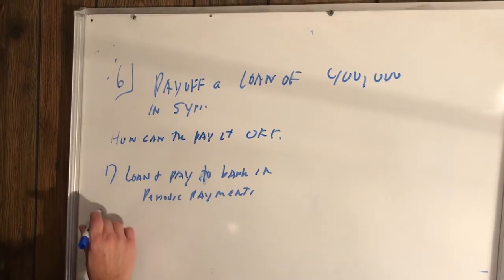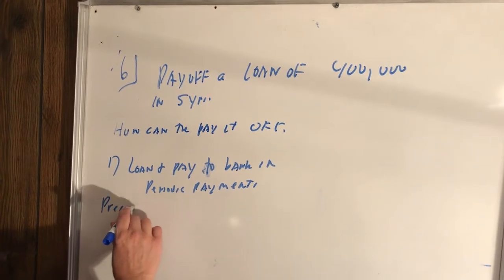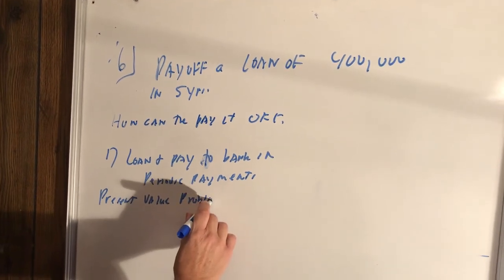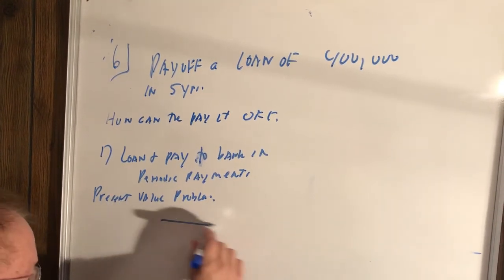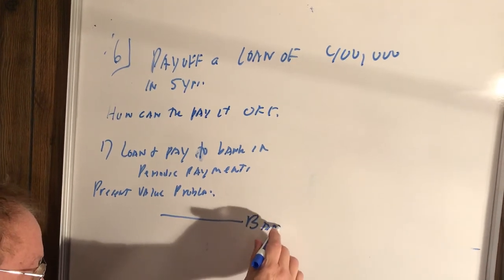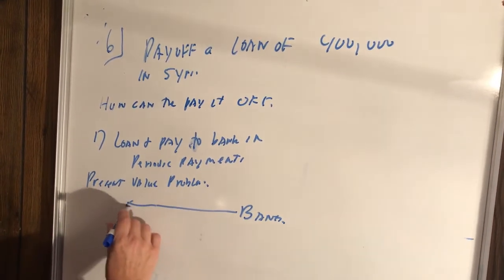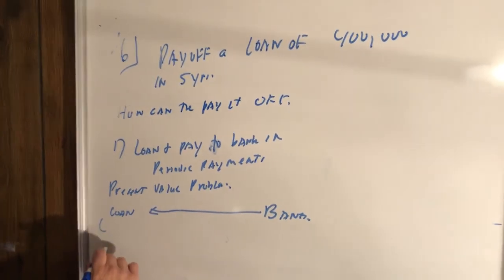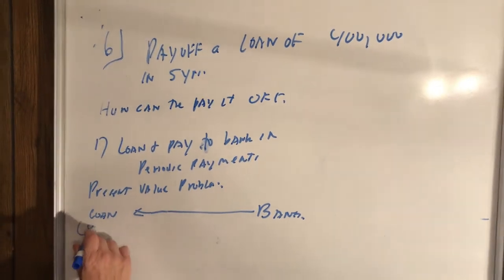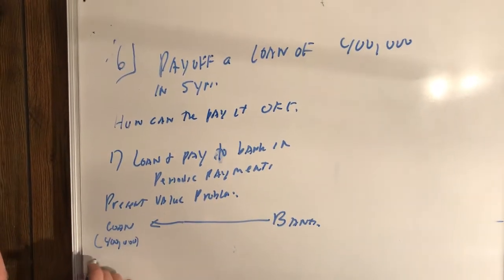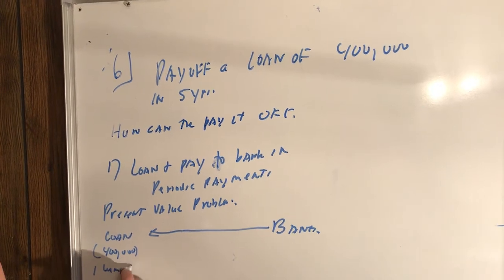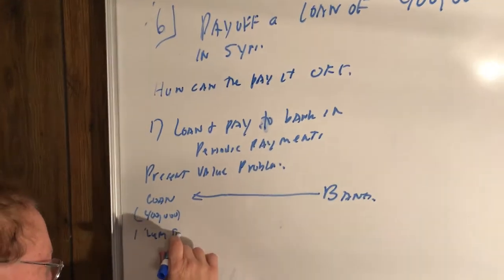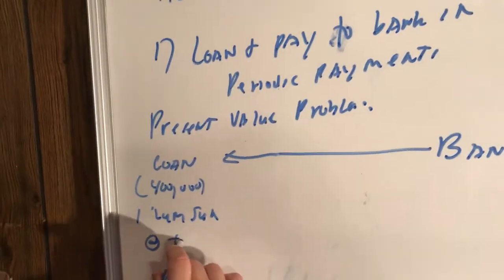So this would be a present value problem because the bank would send the loan of, what was it? 400,000, one lump sum at time 0.